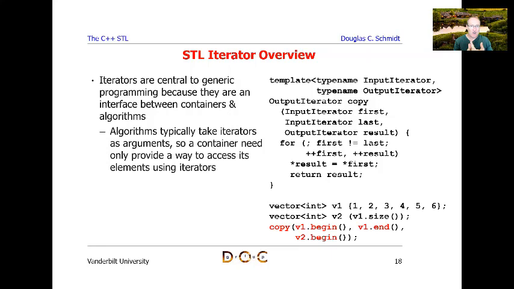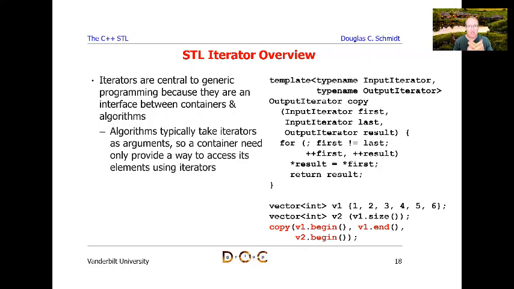It makes it easy to write generic code, but more importantly, it gives you more flexibility over what you pass in, because you might not want to pass in the entire vector. You might want to pass in the first half of the vector, or from the third element to the third to last element, or whatever.